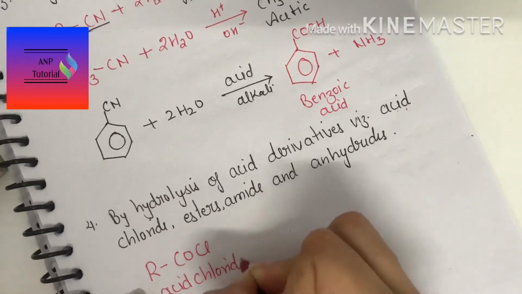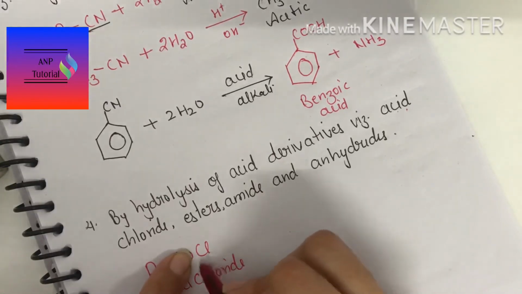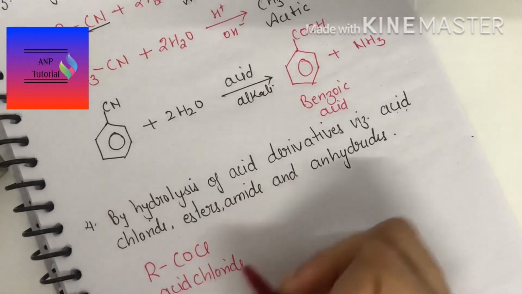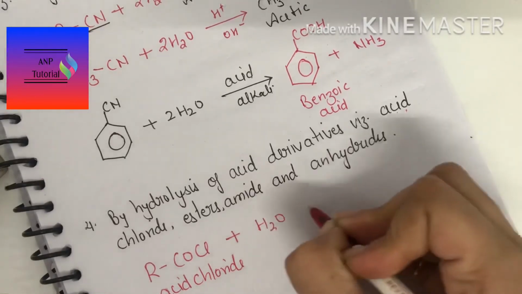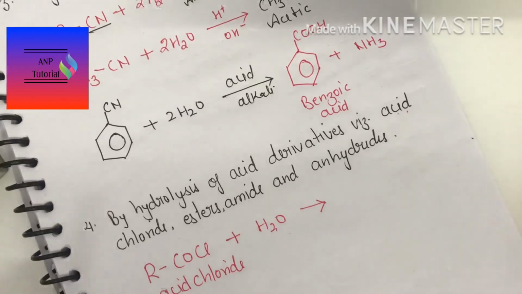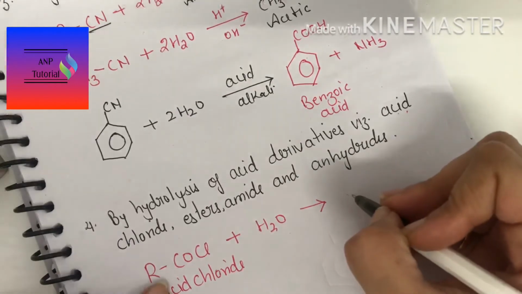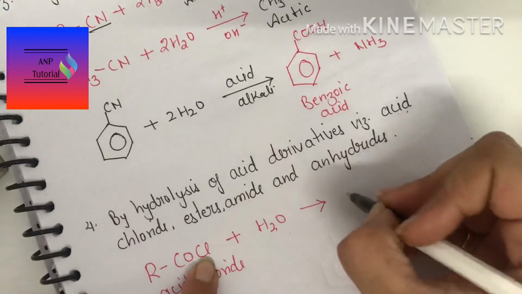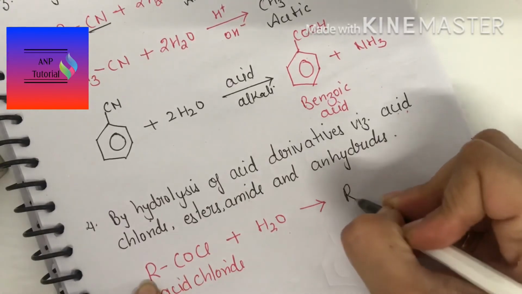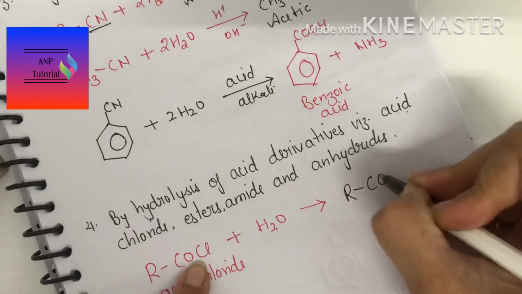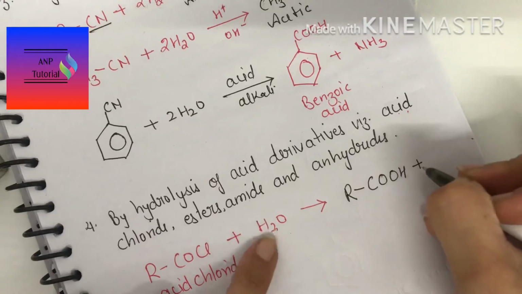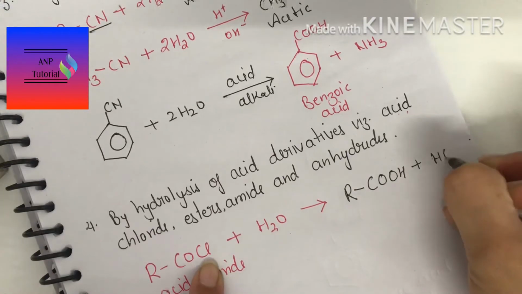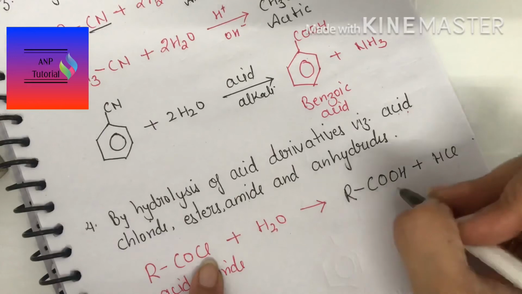It is a derivative of carboxylic acid: one OH group, hydroxy group, is replaced by a Cl atom. When acid chloride gets hydrolyzed, what will it form? Carboxylic acid. HCl will eliminate, giving RCOOH from the water molecule, and H ions and Cl ions eliminate as HCl, right? This carboxylic acid is formed.